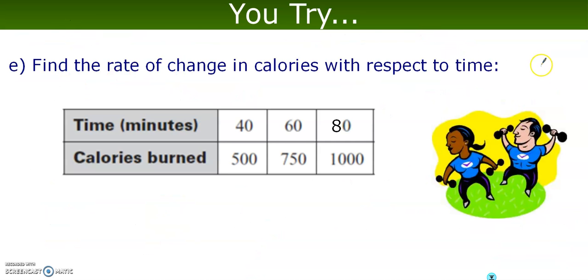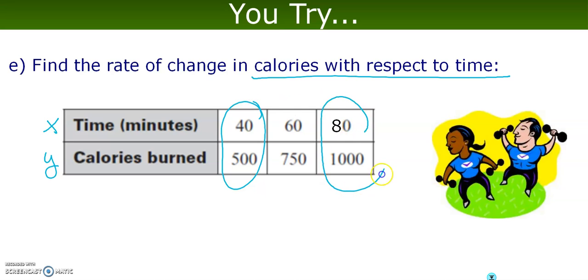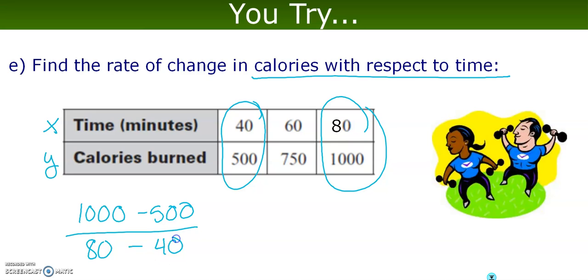Find the rate of change in calories with respect to time. Calories with respect to time. So calories is the y value, time is the x value, and you just pick 2 that you want to work with. I'm going to pick this ordered pair and that ordered pair, so those numbers look easy for me. So I've got 1,000 minus 500 over 80 minus 40.